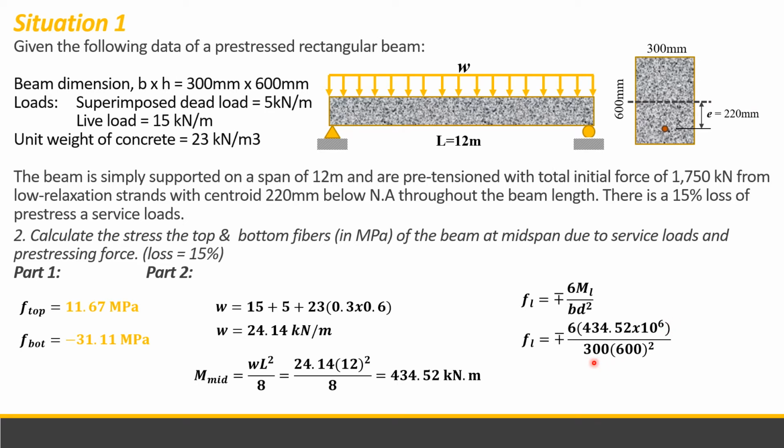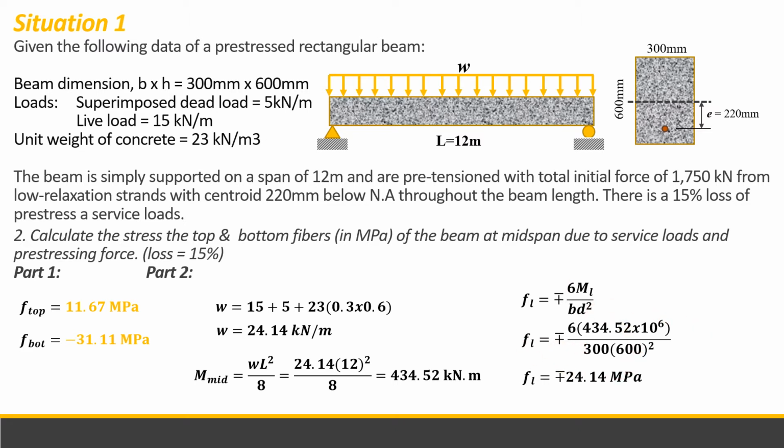And then times 300 over 300 times 600 squared. So that is mm squared. So magiging Newton mm na lang siya. So the value for the stress due to service loads is 24.14 MPa. So for service loads, yung effect niya sa beam is equal siya sa top and sa bottom due to loading.